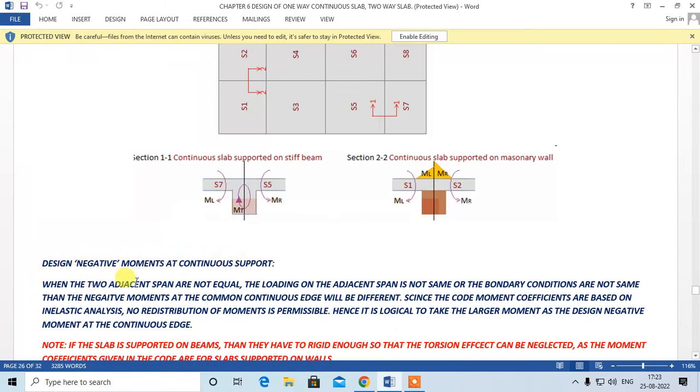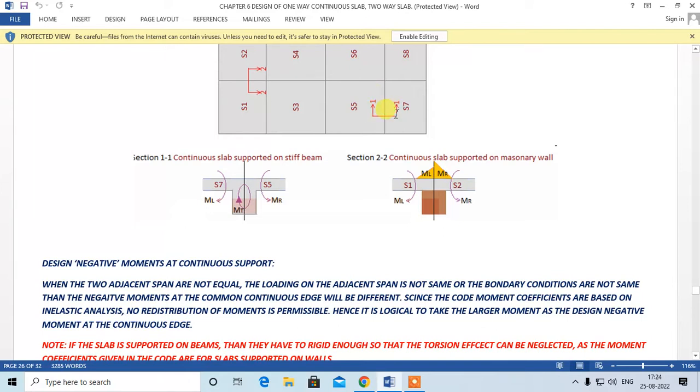When the two adjacent spans are not equal, or the loading on the adjacent span is not the same, or the boundary conditions of the two slabs are not the same, then the negative moment at the common continuous edge will be different, right?